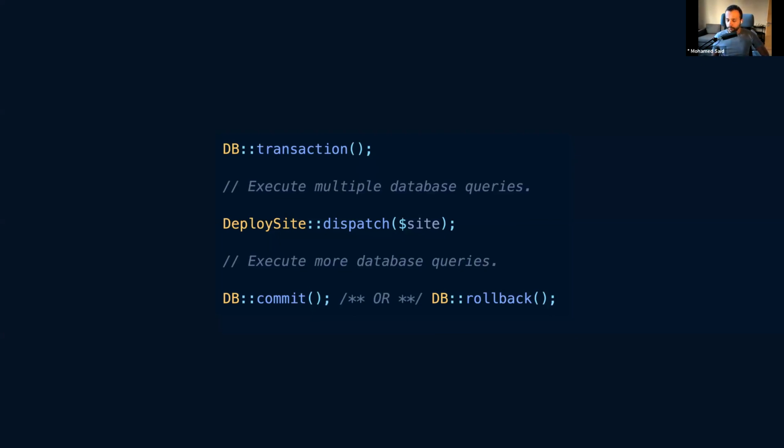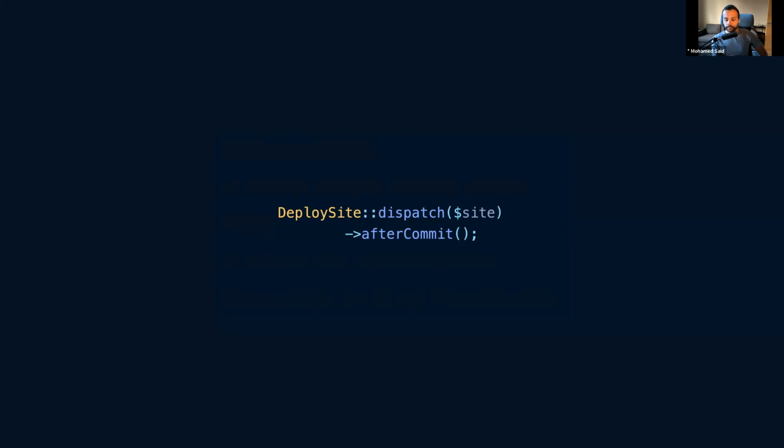To help you fix that, Laravel supports delaying dispatching jobs to the queue until after database transactions commit. So if you call the after commit method when dispatching a job, Laravel will understand that you want this job to only be dispatched after any database transactions that are currently open are committed.